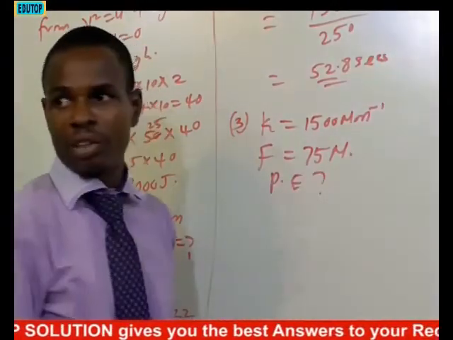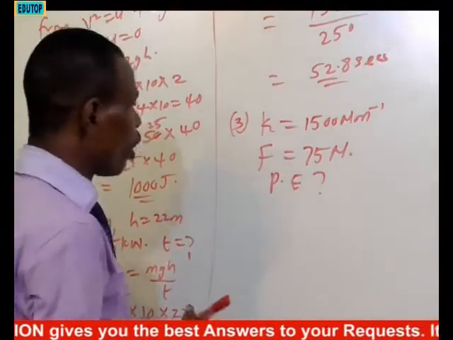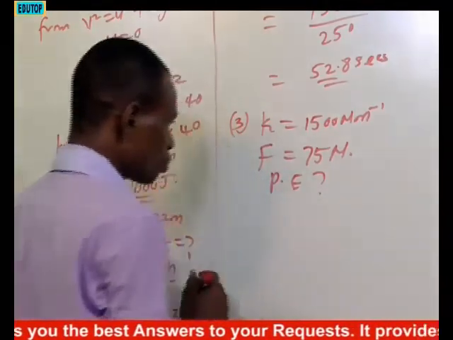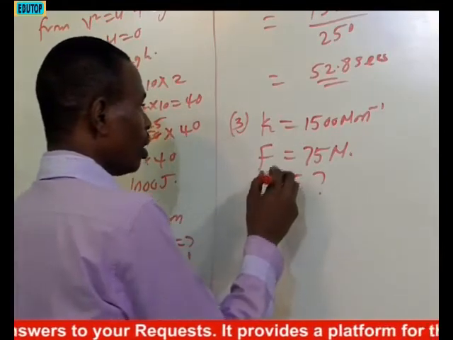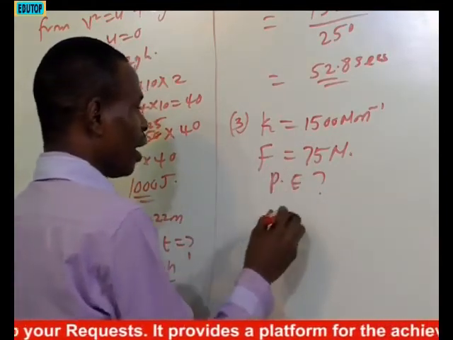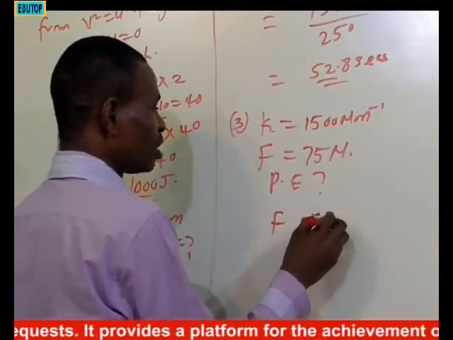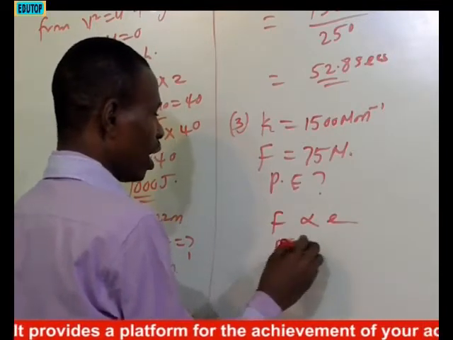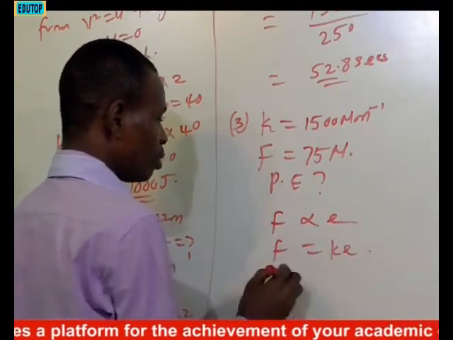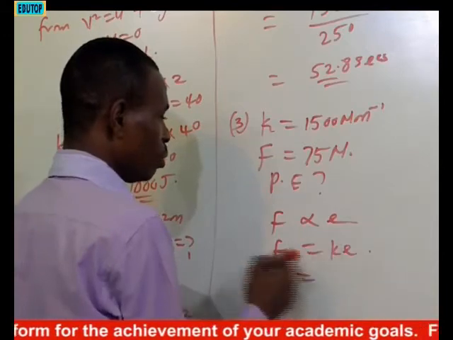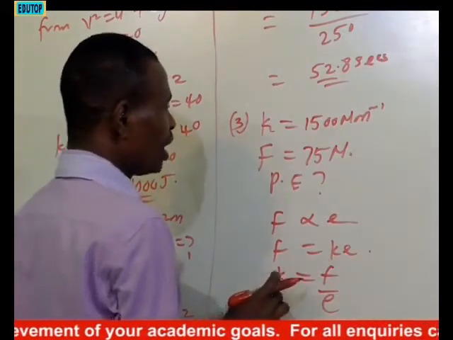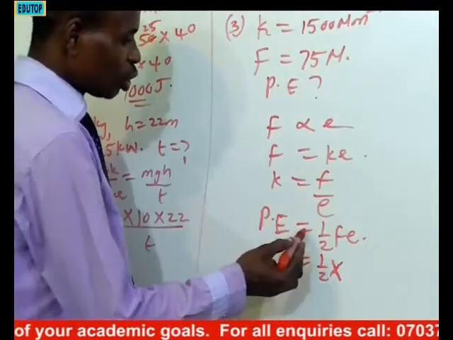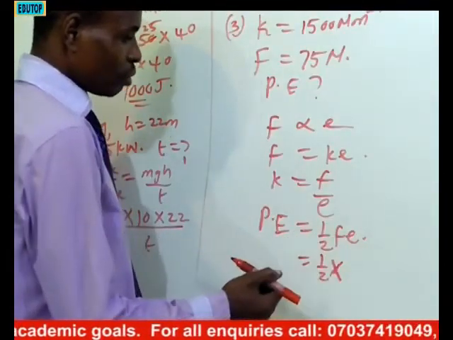From Hooke's law, F varies as e. F is equal to Ke, and your K is equal to F over e. So in this case, potential energy is equal to half Fe.